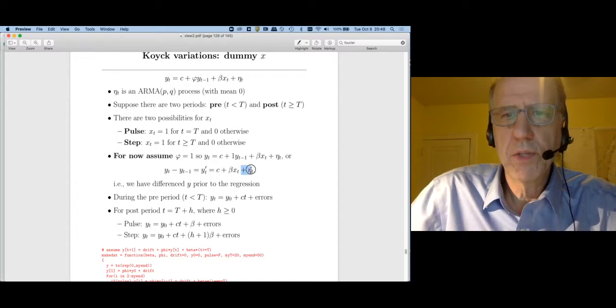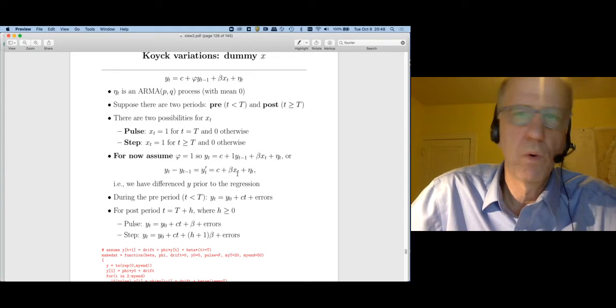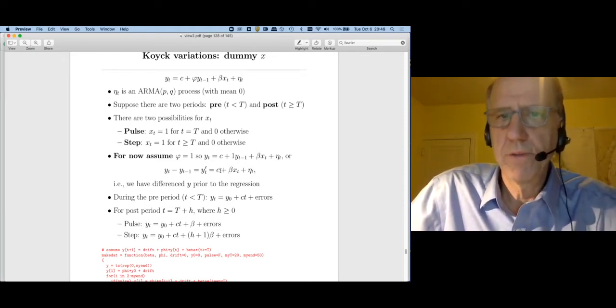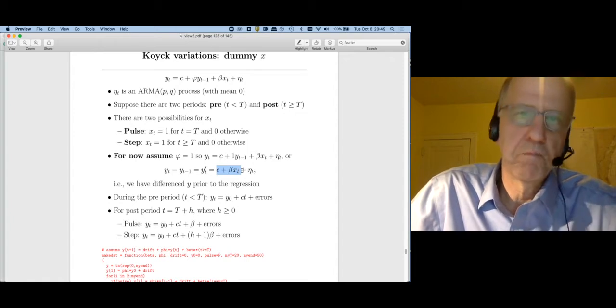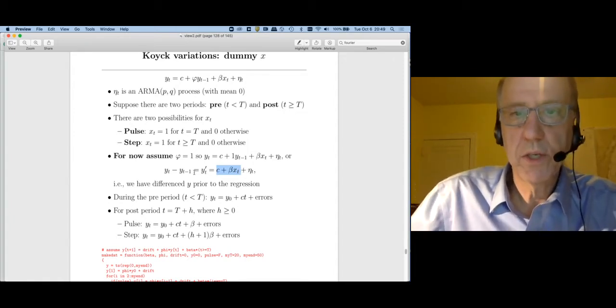Now, there's also some errors, and these errors have mean 0. The difference could be a little bit higher than c plus beta, or a little bit lower than that, but on the average, the difference is going to be c plus beta x. But let's think about what this equation looks like.